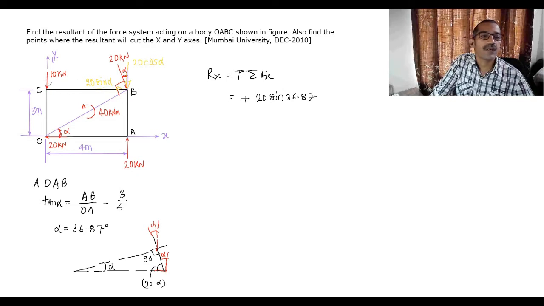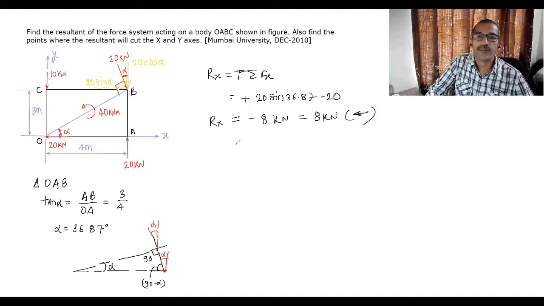Next, the 10 is vertical. Next, the 20 is horizontal, but it is leftward, meaning minus 20. Only two forces, right? That means Rx is definitely negative. Rx, what will we get here? Minus 8 kilonewton, right? 8 kilonewton.